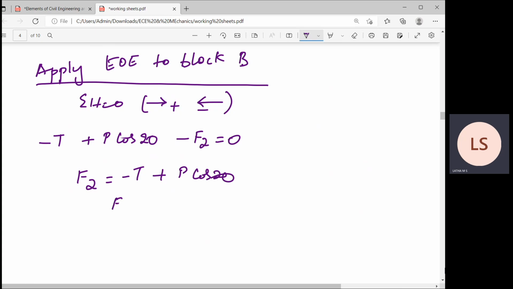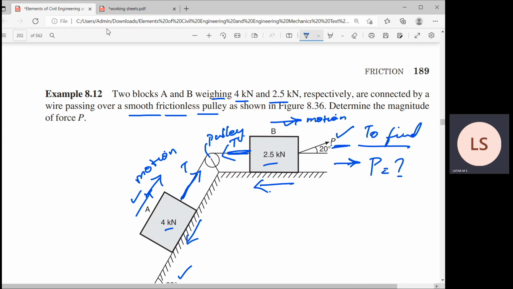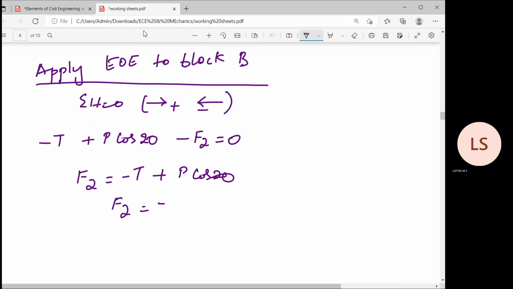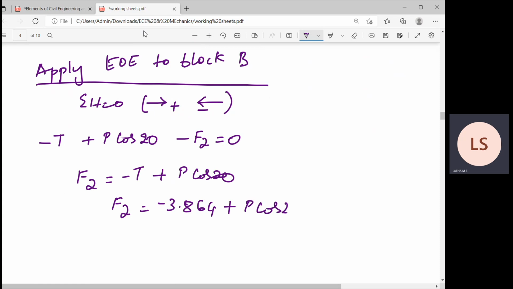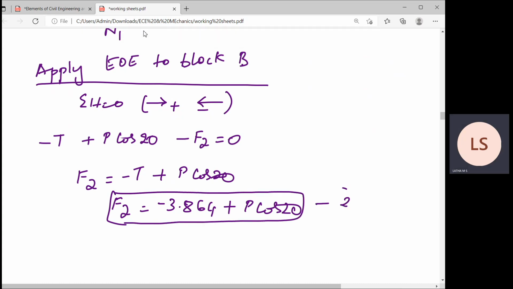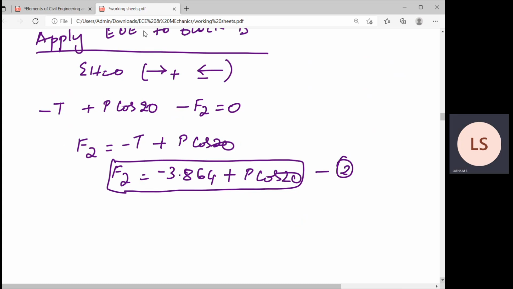And F2 is equal to, I'll substitute the value of T, minus 3.864 plus P cos 20. I call this equation 2 if I'm correct, 1 or 2.